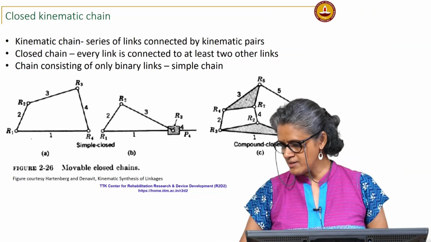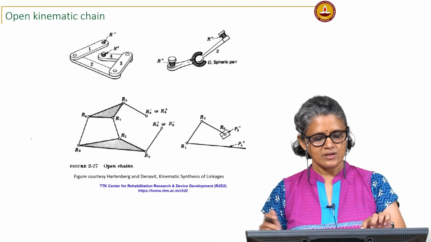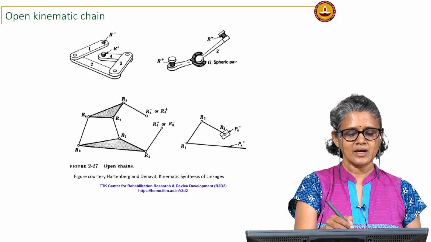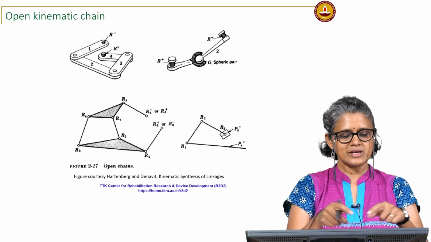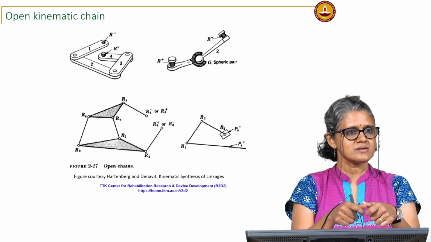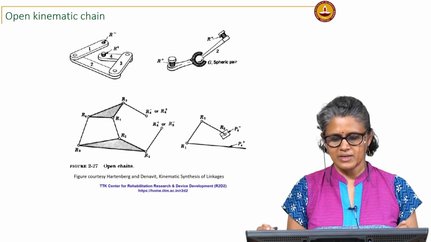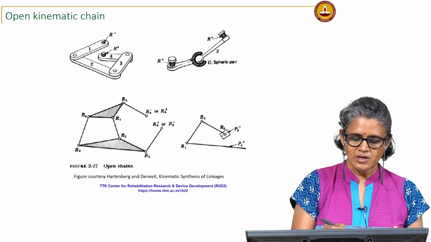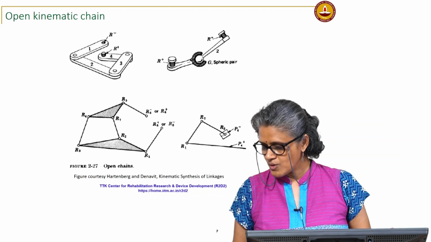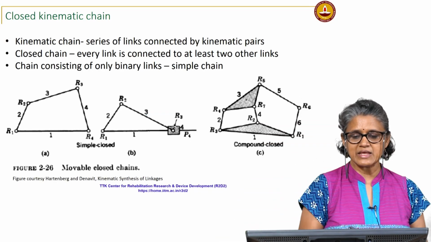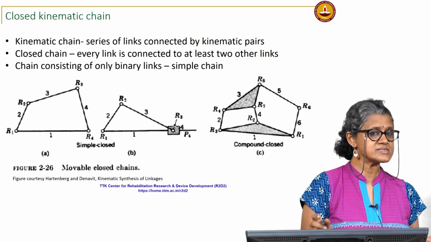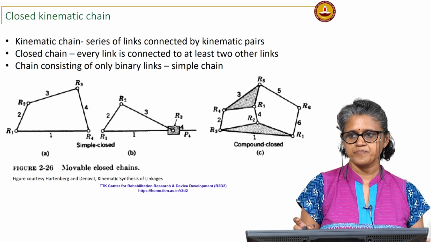In an open chain, as we will see here, there are 2 singular links. If I take apart a 4 bar and just leave it, that would become an open kinematic chain. So, there will be no singular links in a closed kinematic chain.